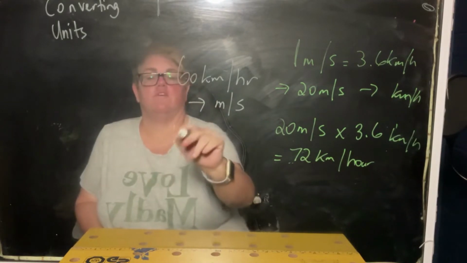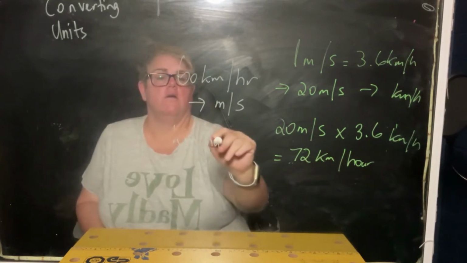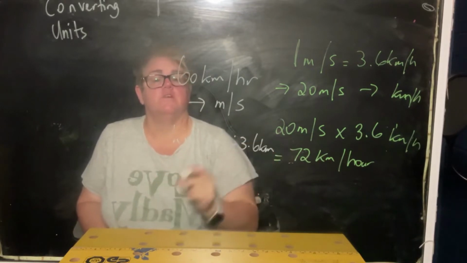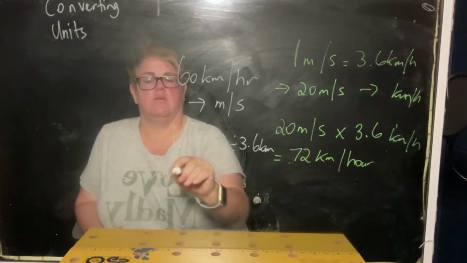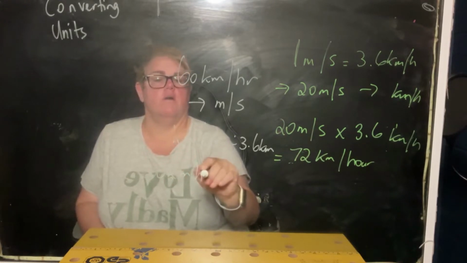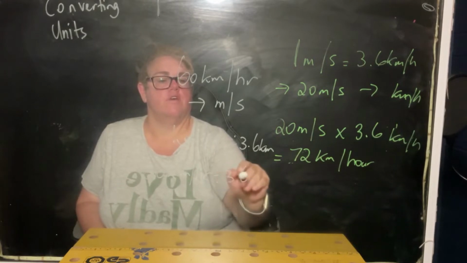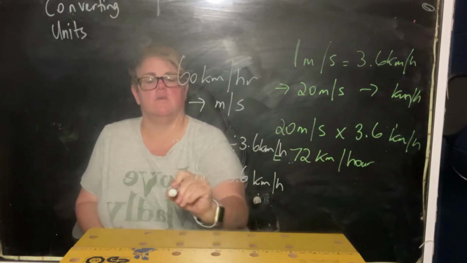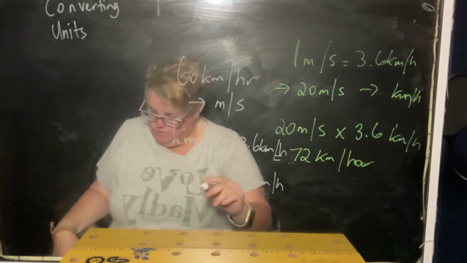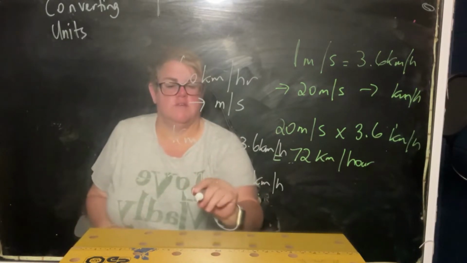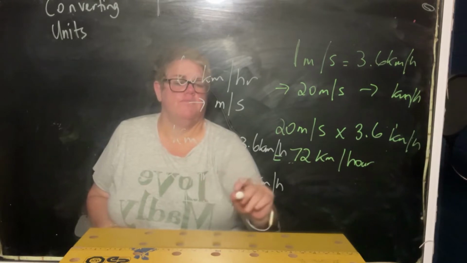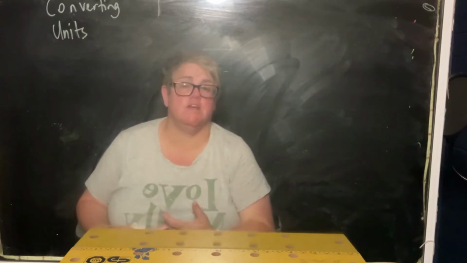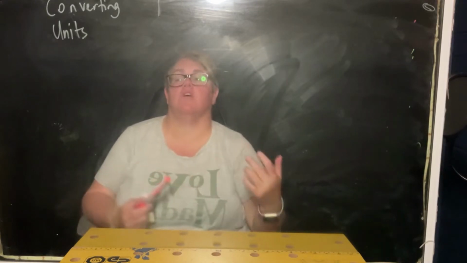And given that to convert kilometers per hour you would need to divide by 3.6, in this case it would be 60 kilometers per hour divided by 3.6, which I'm going to round off, would be 16.67 meters per second.